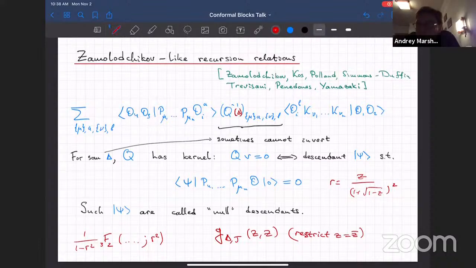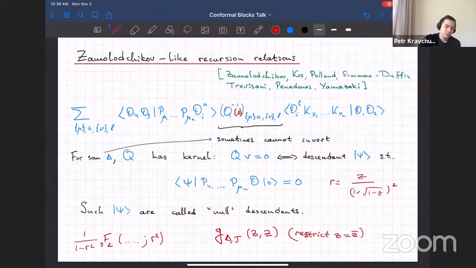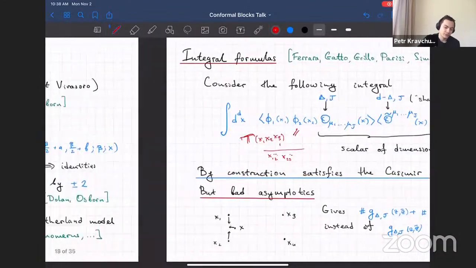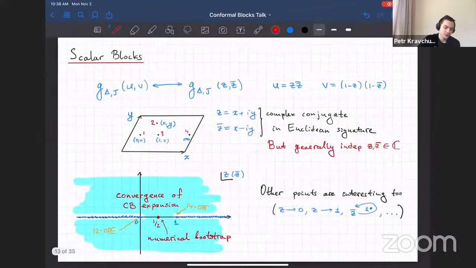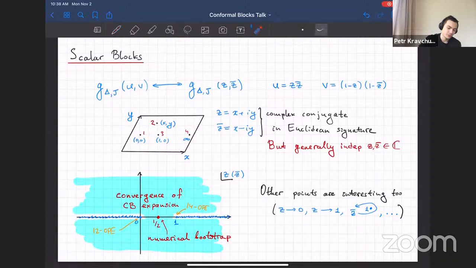Where does this variable r come from? It's the variable which maps this region of the complex plane, minus 2 cuts, to the unit disk of r. It's usually called rho. So the unit disk of rho is this blue region.